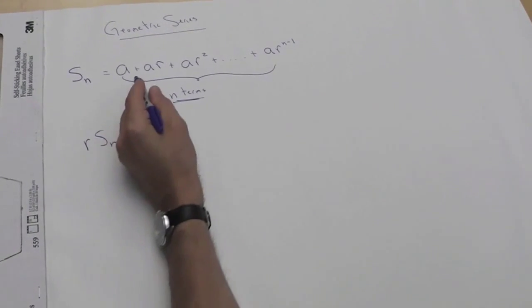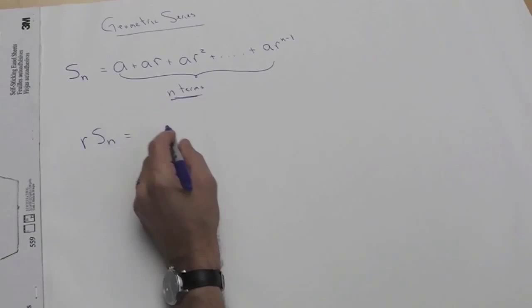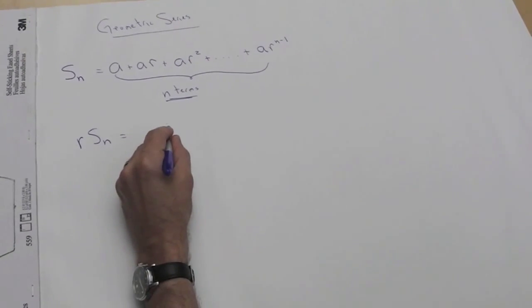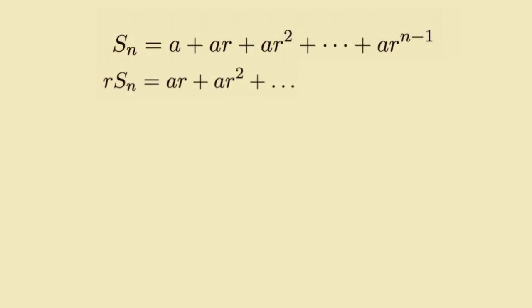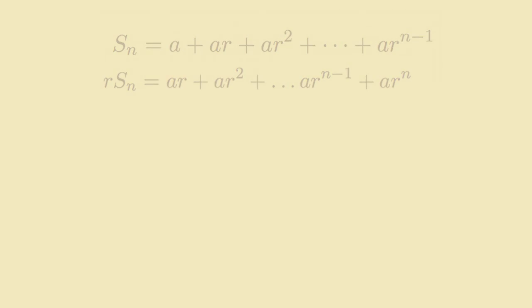That multiplies each term here by r, so a multiplied by r is ar, and ar multiplied by r is ar squared, and ar squared multiplied by r is ar cubed, and so on, plus the term that comes before, multiplied by r, will be ar to the n minus 1. And finally, the last term multiplied by r will be a times r to the n.